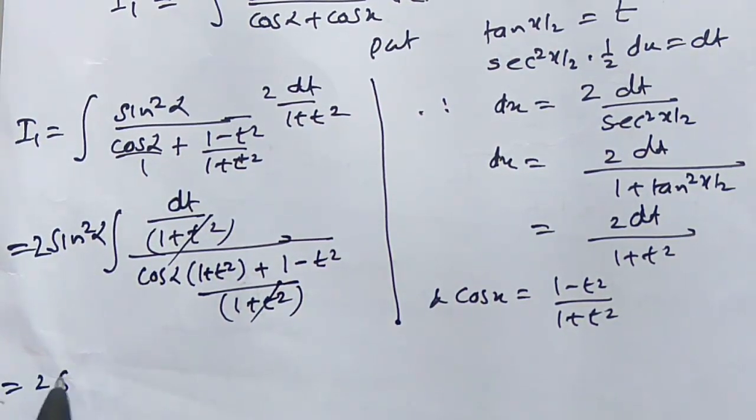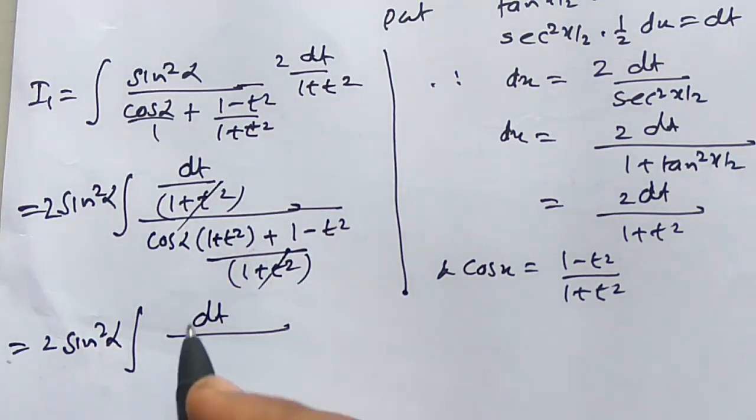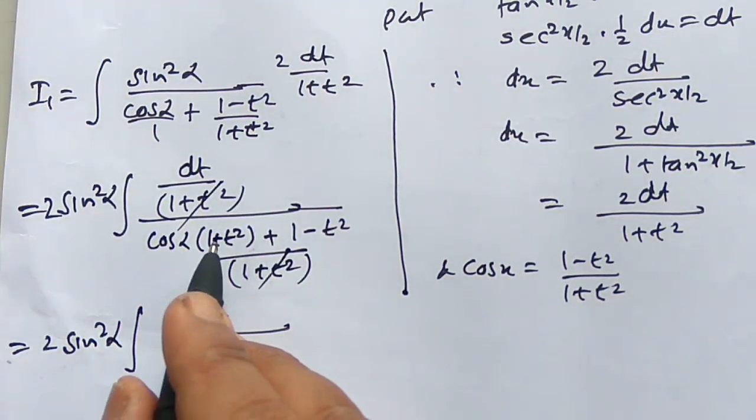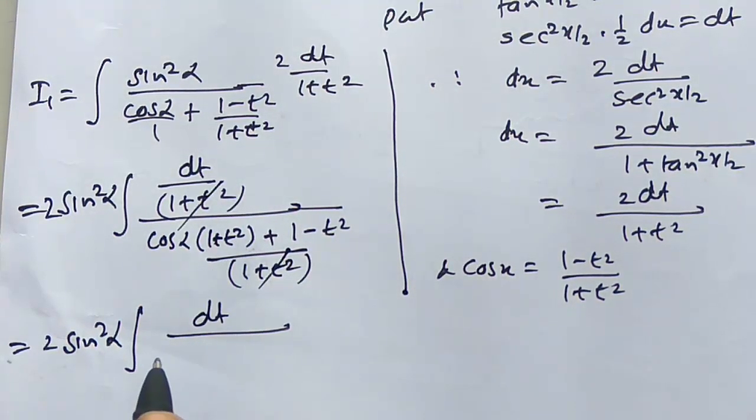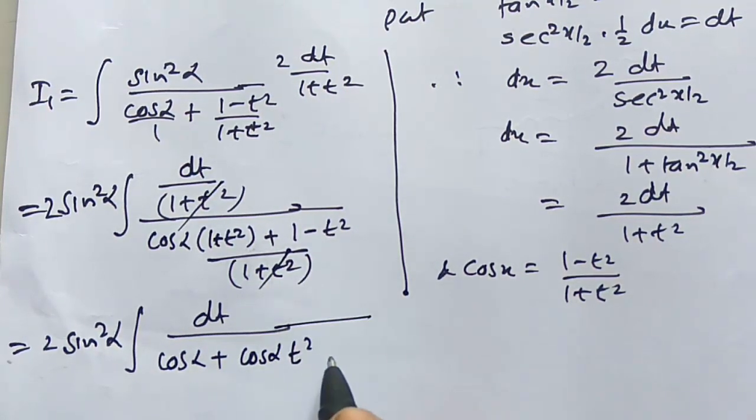So this is equal to 2 sin square alpha integration of dt upon, here multiply cos alpha inside the bracket. So it is cos alpha plus cos alpha into t square plus 1 minus t square.